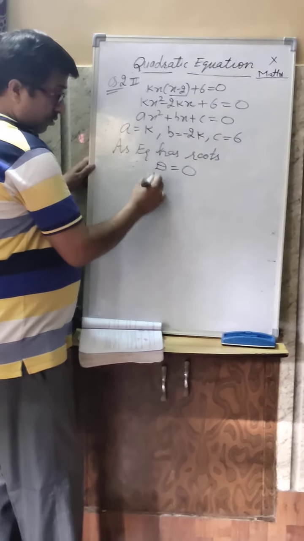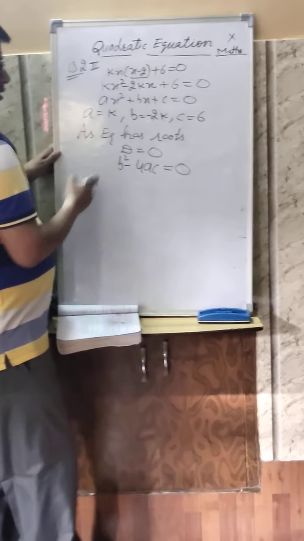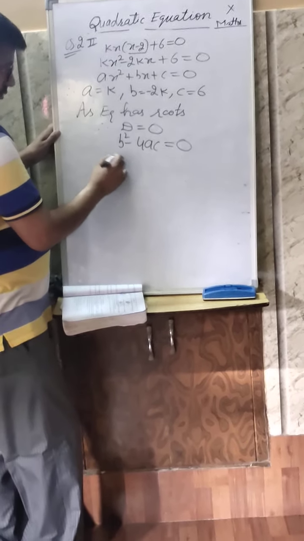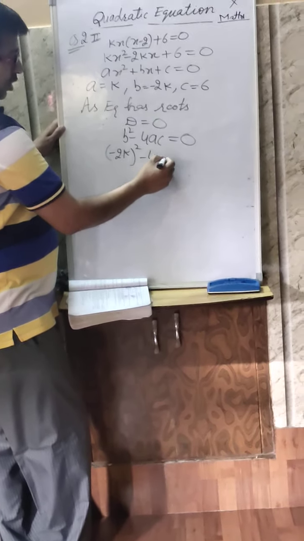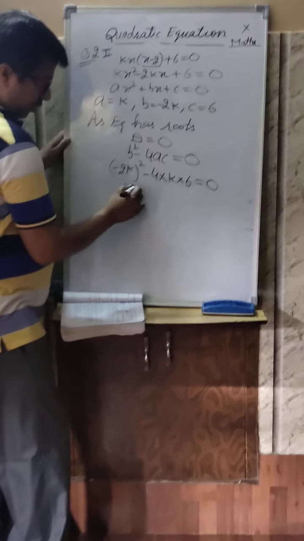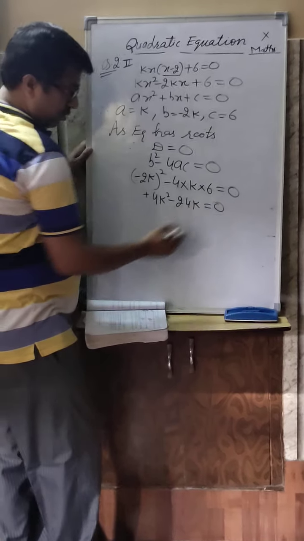D equal to 0 means b square minus 4ac equal to 0. So b square, minus 2k square, minus 4 times a into c. So it is 4k square minus 24k equal to 0.